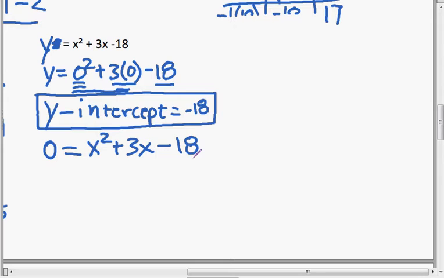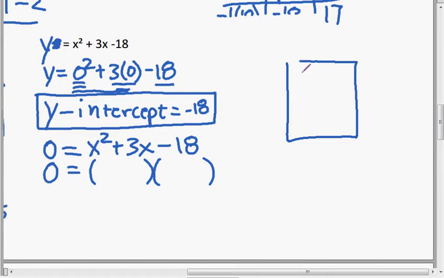To find the x's now, I have to factor it again. I'm looking for the parentheses. And to start off with, I draw my area model. But I'm putting things on the inside, and I have to find the outside.